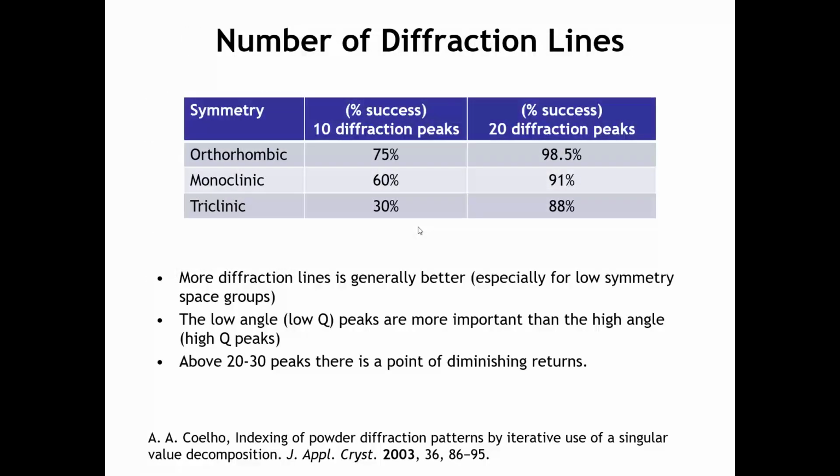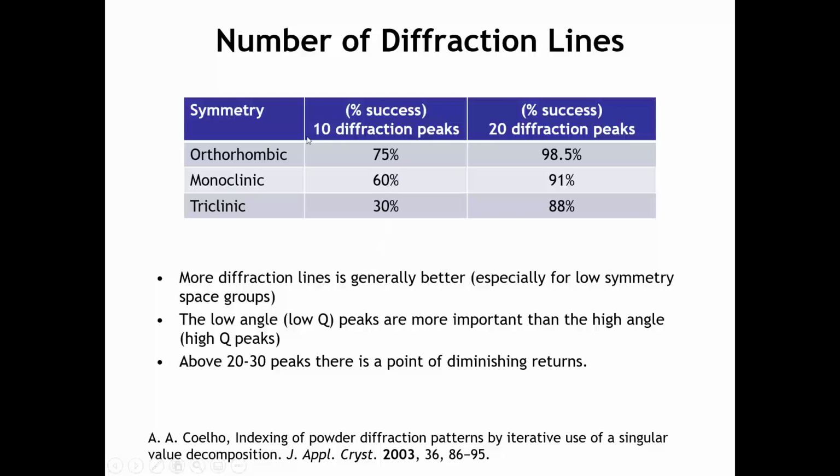So let's start by thinking about the number of diffraction lines. Here are some statistics from Coelho's paper where he describes his indexing approach. What he did in this paper is he generated a bunch of hypothetical unit cells and said, okay, here's a bunch of peaks. Can my program index it?